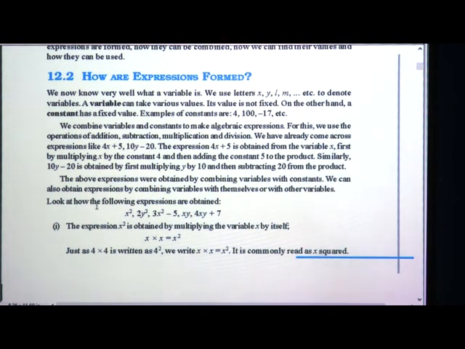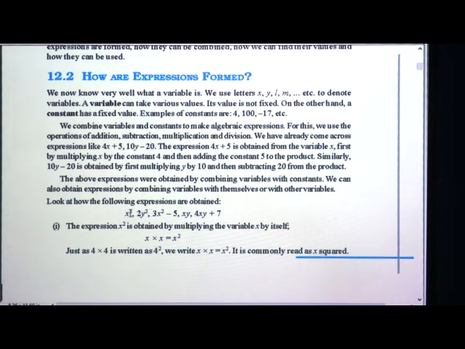Look at how the following expressions are obtained: x square, 2y square, 3x square minus 5, 4xy plus 7. These have variables as well as constants.